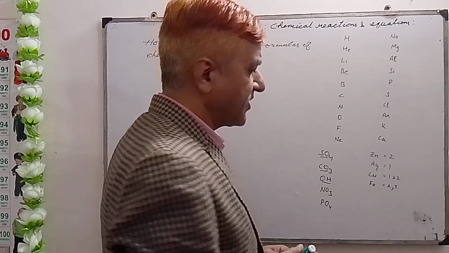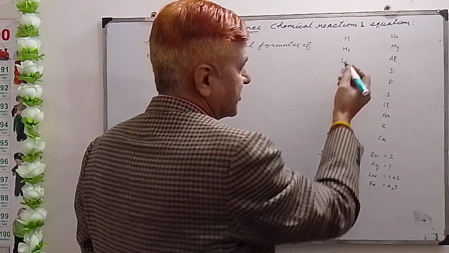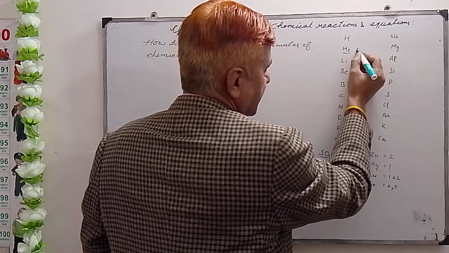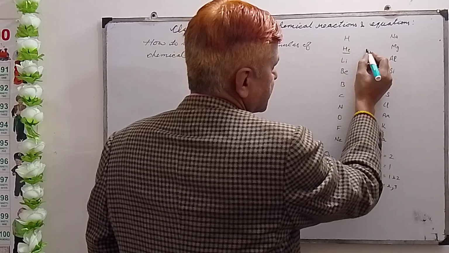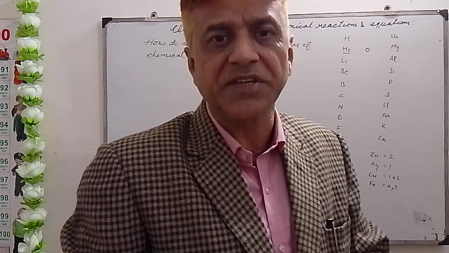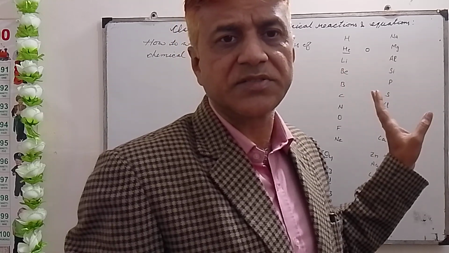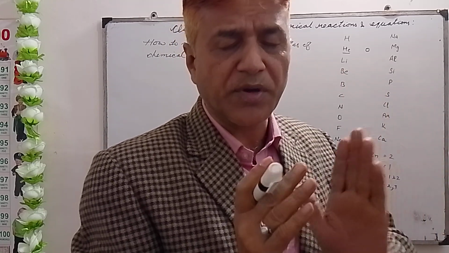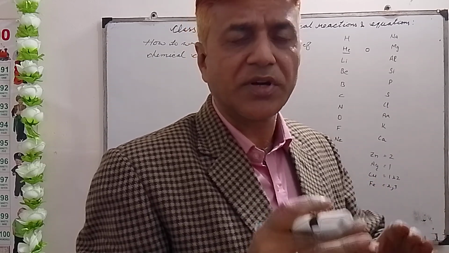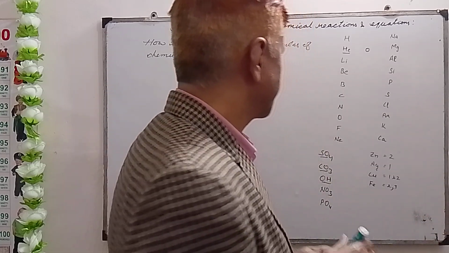Now we know that the valency of noble gases, also called inert gases, for example helium, is 0. Valency is the combining capacity of an atom. Because in noble gases the outermost shell is completely filled, it will not give or take any electron, so its valency is 0.